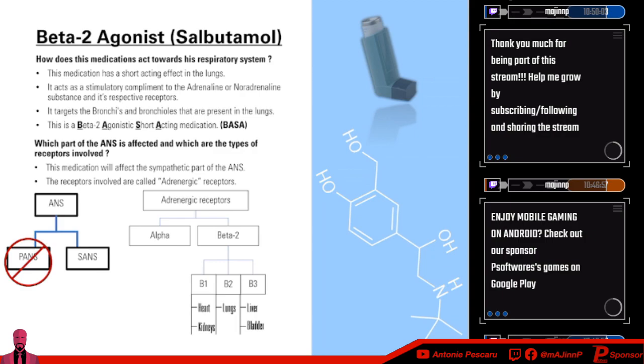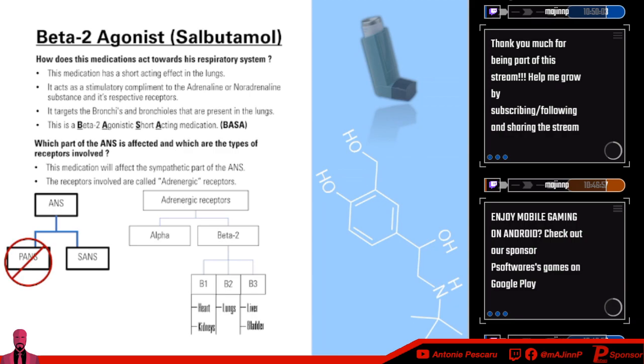Then, it targets the bronchi and bronchioles that are present in the lungs. And then finally, this is a beta-2 agonistic short-acting medication. That's why we call it a beta medication, which stands for beta-2 agonistic short-acting medication, as you can see for the acronym.